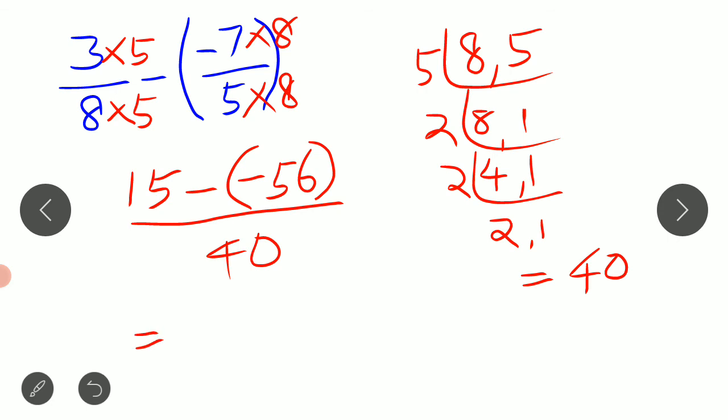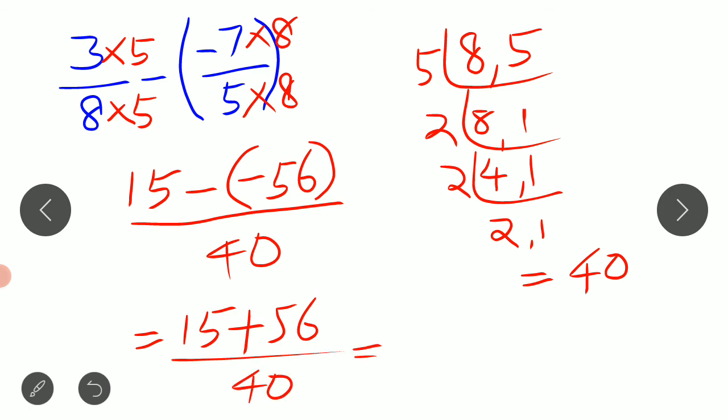So let's simplify this one. 15, we are opening the bracket, minus into minus is plus 56 by 40. Then it is direct addition, is it? If you add, we get 71 by 40.